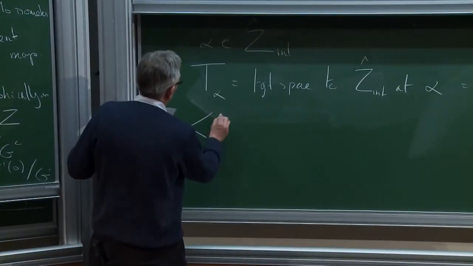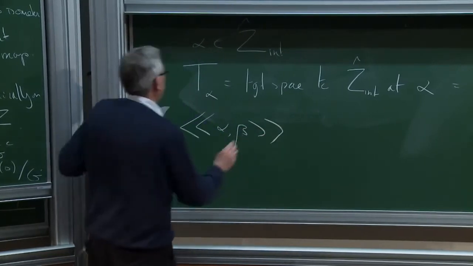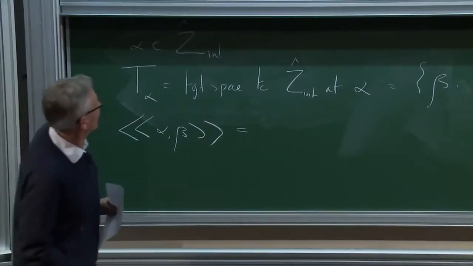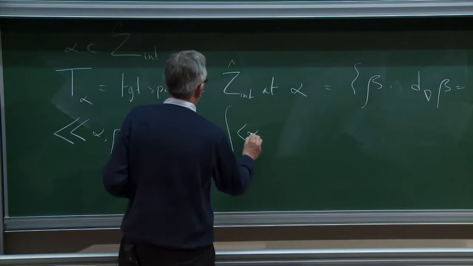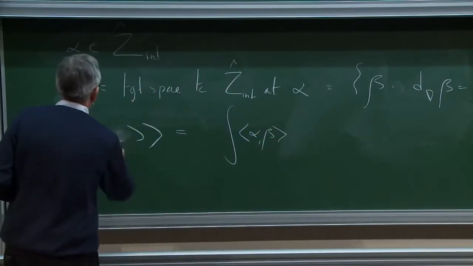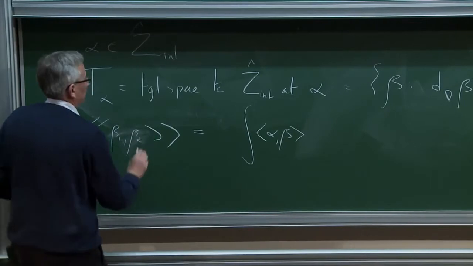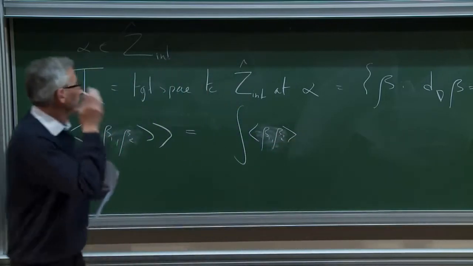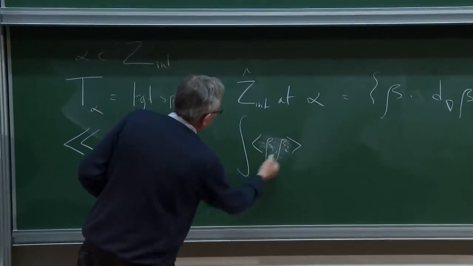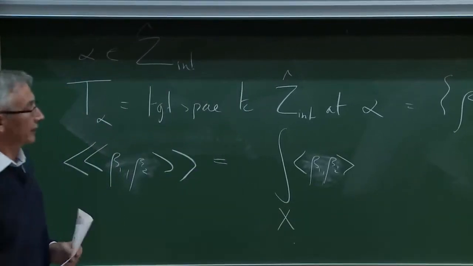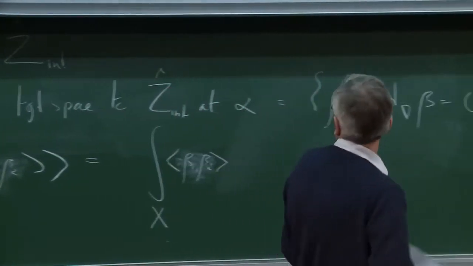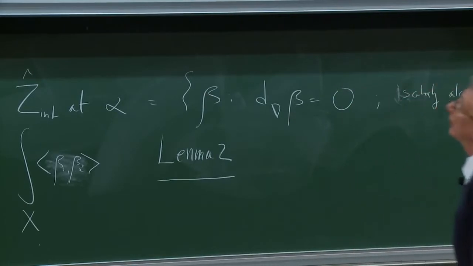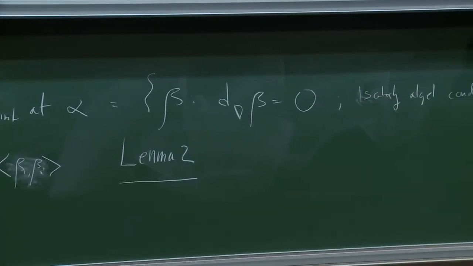So we'll define a Hermitian form on such a thing, given by just integrating the construction we made pointwise. Let's just say it's beta 1, beta 2. This thing is a volume form, so we can integrate it over X. So lemma 2, which is really the crucial statement, is the same statement as we said in the finite dimensional situation.